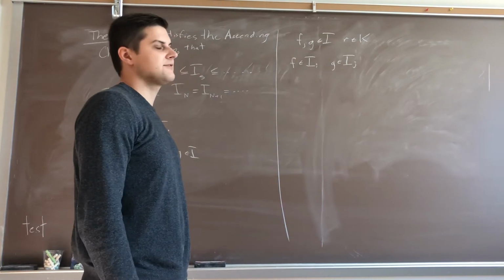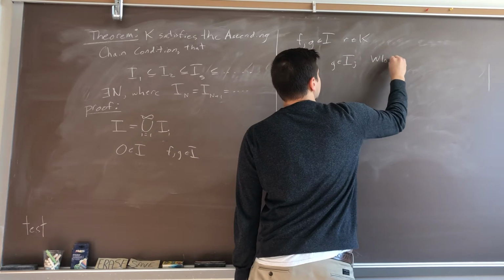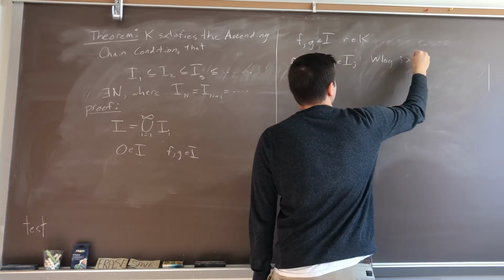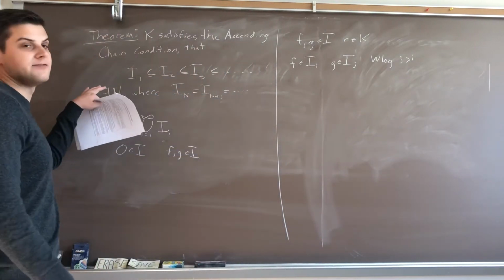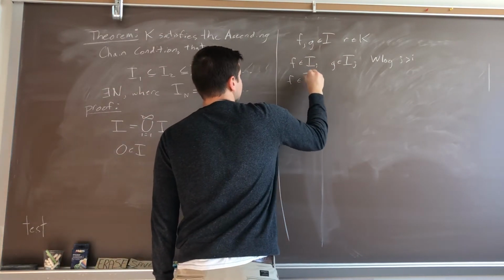Now, without loss of generality, we're going to say that j is greater than i, and we can do that because they're arbitrary, it doesn't matter. And now, since this is a chain of nested ideals, this means that f is also contained in I_j.